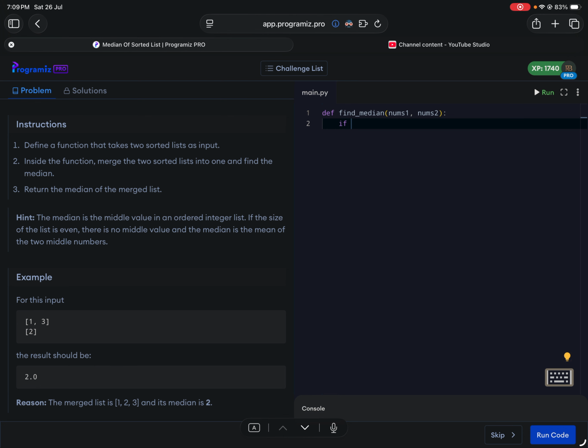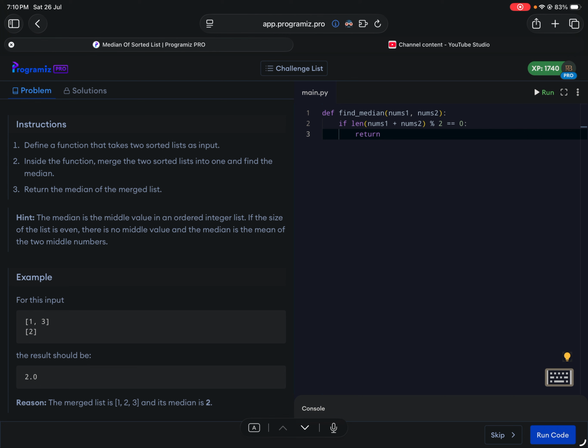basically, if the length of nums 1 plus length of nums 2 is odd, right, so in this situation our median will be basically the middle number, right?